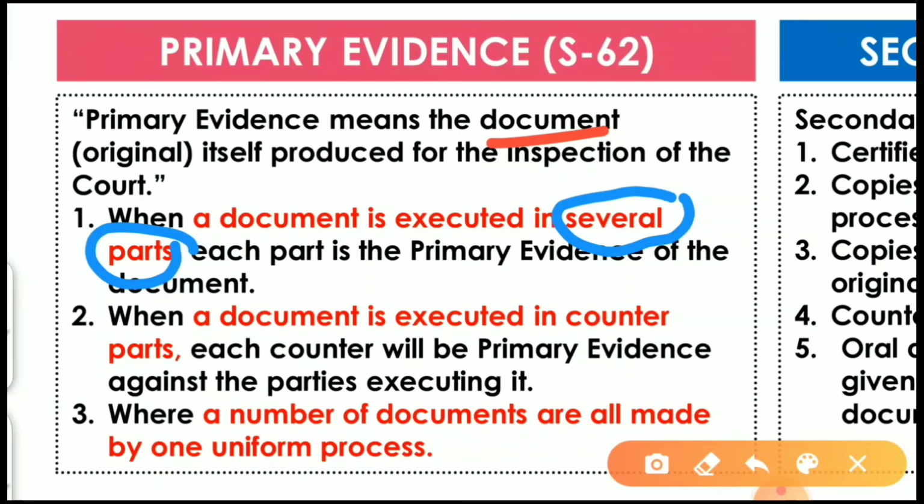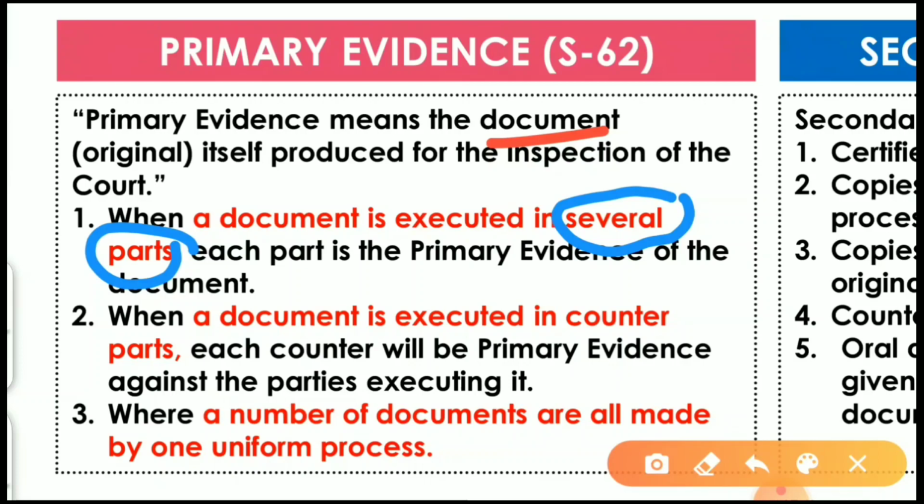In a partnership deed, there are several partners. All partners make certain deeds. All the partners keep their respective parts of the partnership deed. If any dispute arises in future, they may come along with that part of the partnership deed in order to get the appropriate legal remedy.